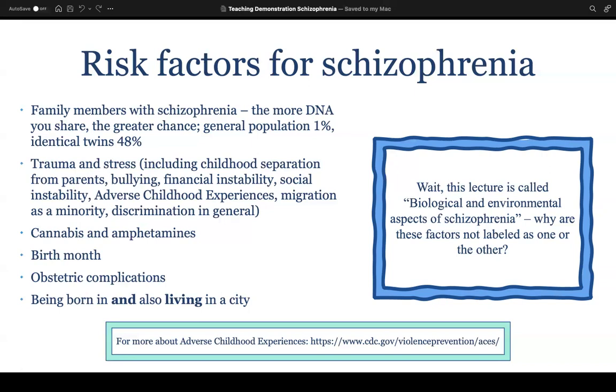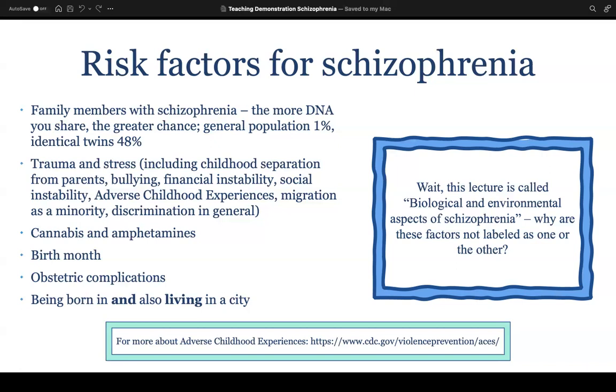Migration as a minority and discrimination in general, these are interesting ones. If you migrate, let's say that you are of African descent and you migrate to another country where the demographics are similar, so you go from one African country to another, that doesn't really have any impact on your risk factor for schizophrenia.